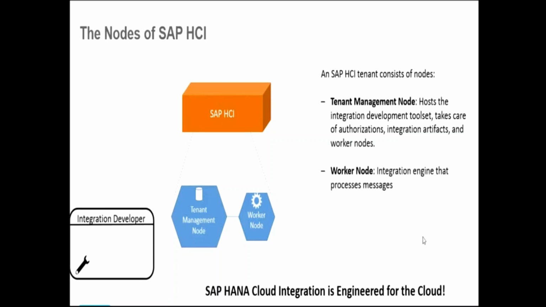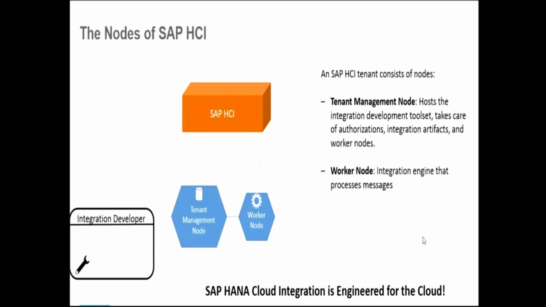Let's say at any instance one of your worker nodes breaks down, or it's not working, or by some issue the processing is not done on that worker node. What SAP will do is automatically take any other available worker node in its server and attach it to my tenant management node.